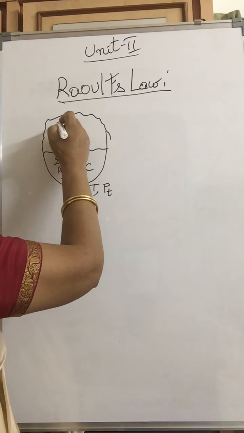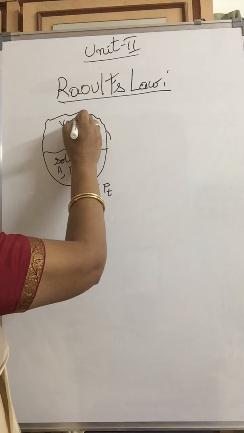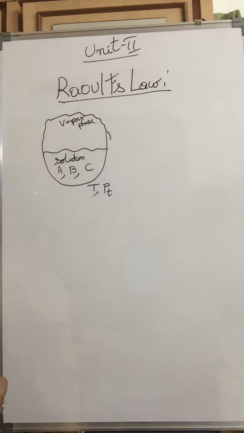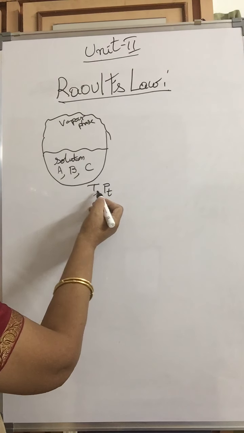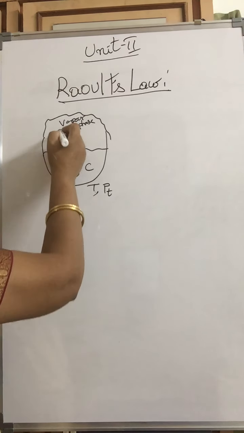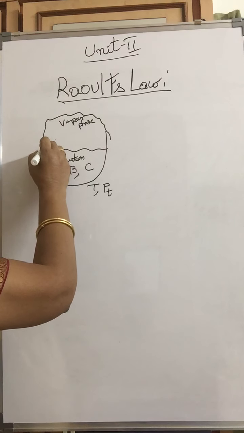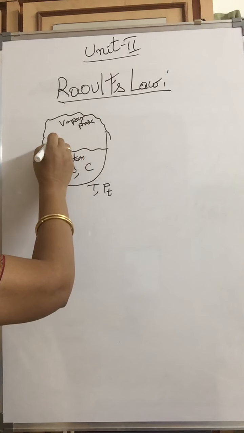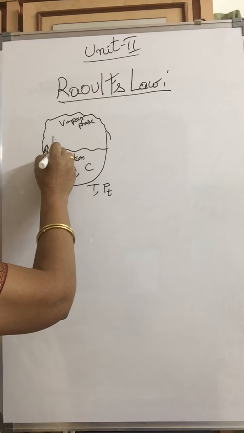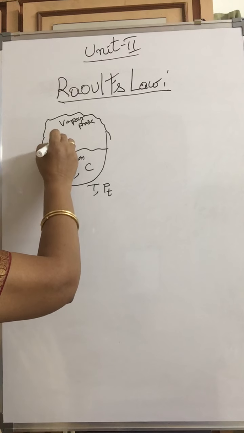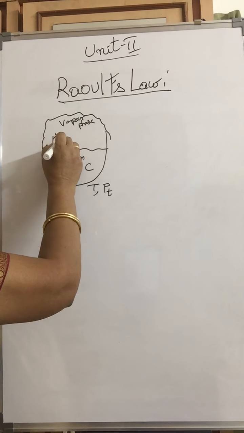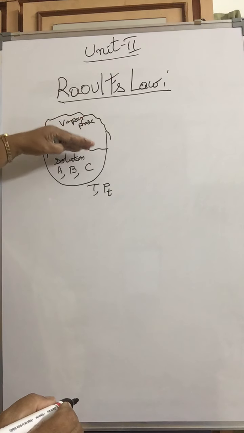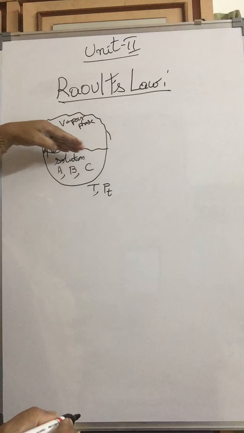That is the vapor phase. And how is this vapor phase formed? Depending on temperature T, each component will evaporate. For example, component A will evaporate and occupy the vapor space, and immediately it exerts a pressure that we denote as PA, the partial pressure of A. Any vapor content will exert some pressure over the surface of the liquid.